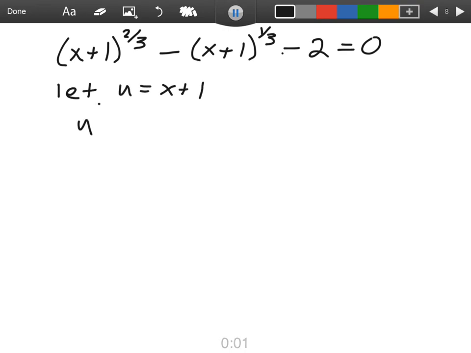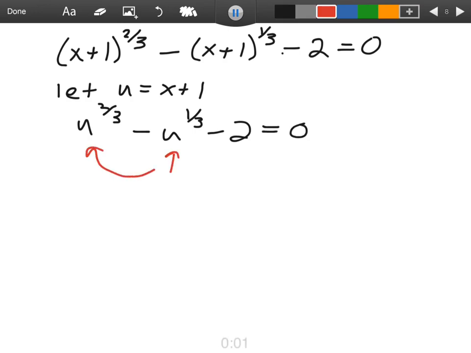When I do that, I get u to the 2/3 minus u to the 1/3 minus 2 equals 0. Now again, this term and this term are related. This one over here is this guy squared. Okay? So if I can take that into consideration, I can treat it like a quadratic.